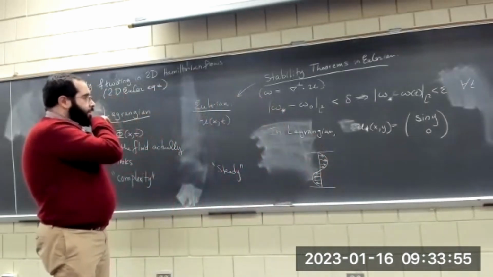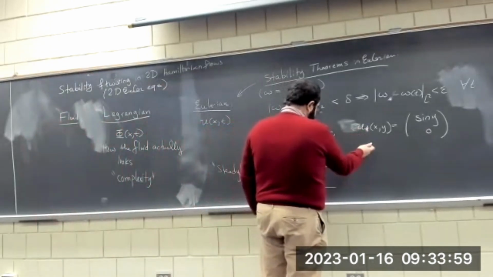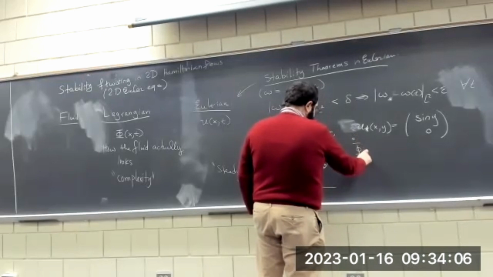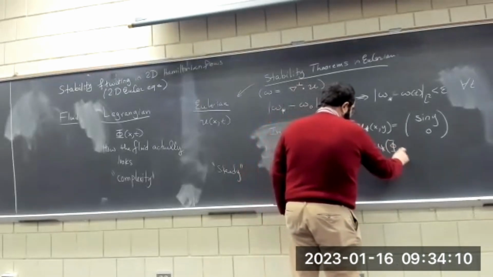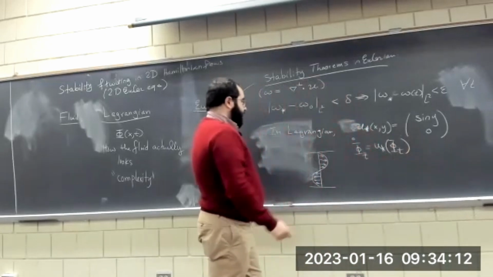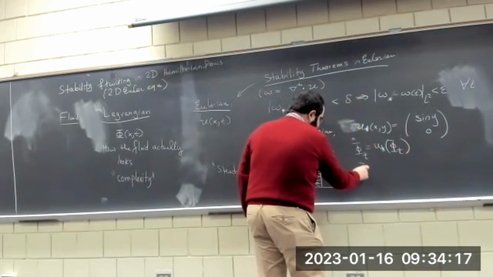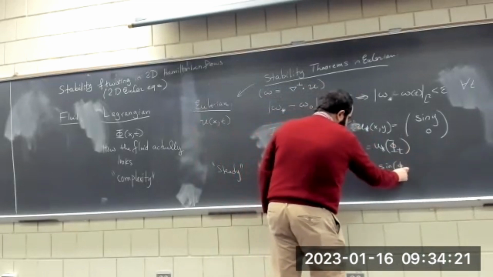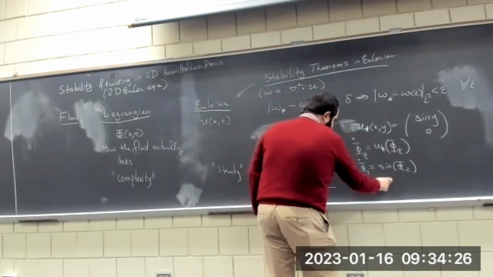That may be stable in the Eulerian sense, but in Lagrangian, if you solve for the flow map, phi t dot is u star of phi t. So phi 1 dot is sine of phi 2, and phi 2 dot is 0.